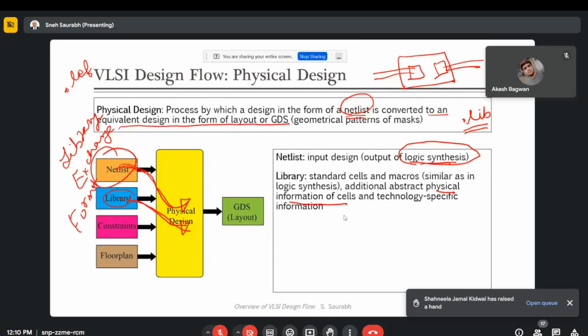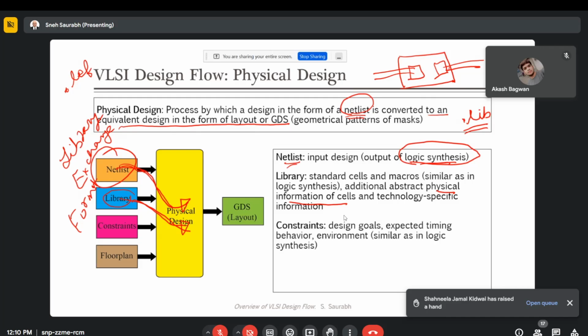Similarly, for Synopsys tools, there is another way in which we need to give the information about the bounding box of the cells and so on, right? So we need to give this information of the physical attributes of the cells which were used in the netlist during physical design.